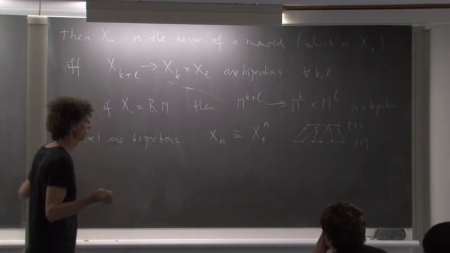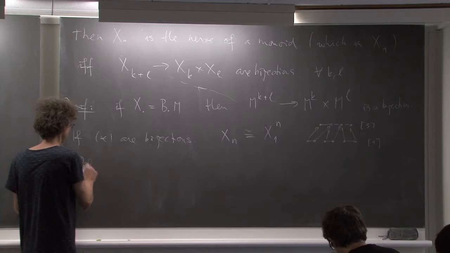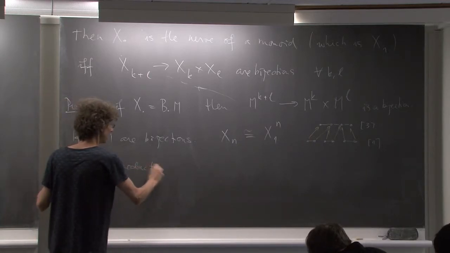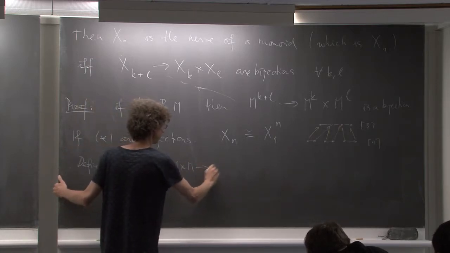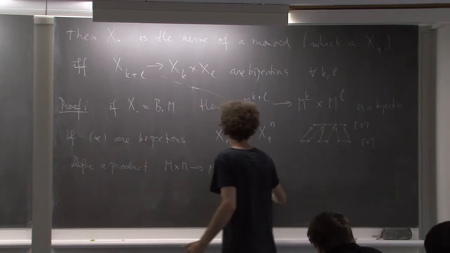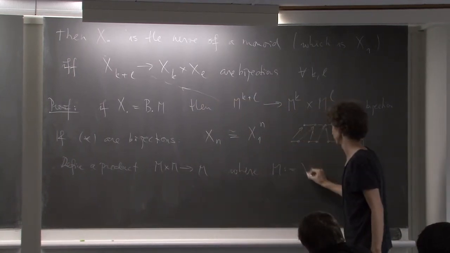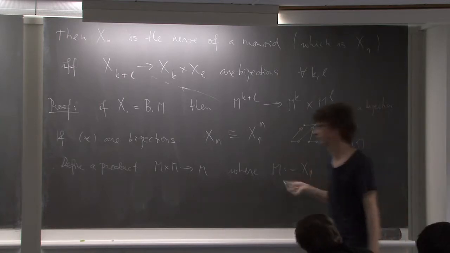First I should say what is the product? So define n times m to m, where this m is by definition X_1. And how do we do it? Well, exactly as you can imagine.